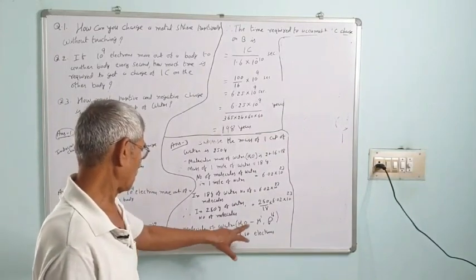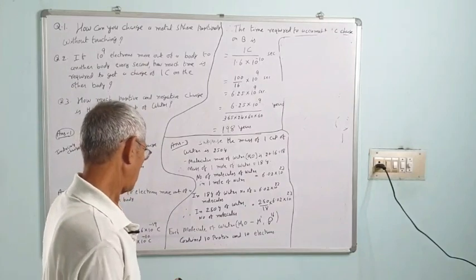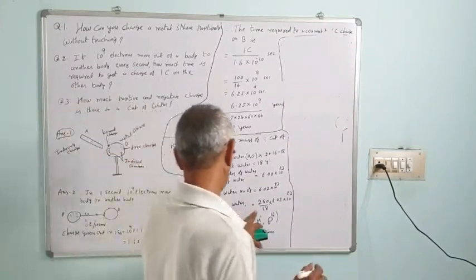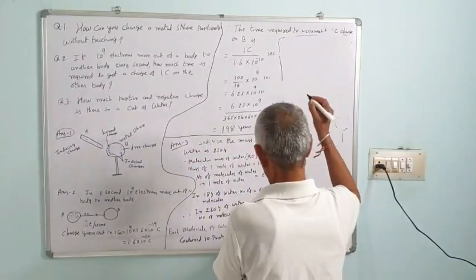Each molecule of water contains 10 protons and 10 electrons. So multiply this number with 10. It will give the number of protons or electrons.